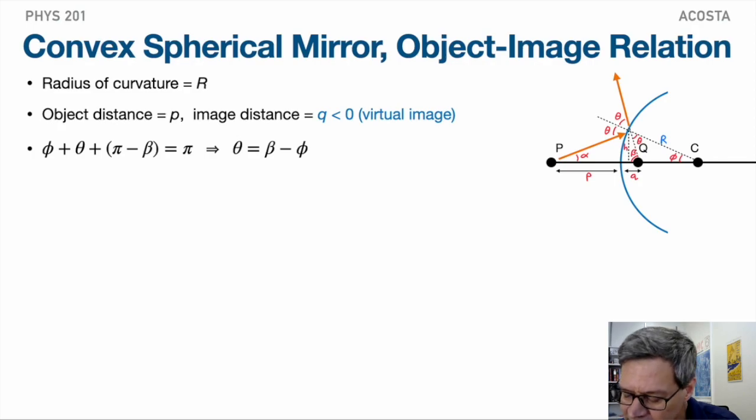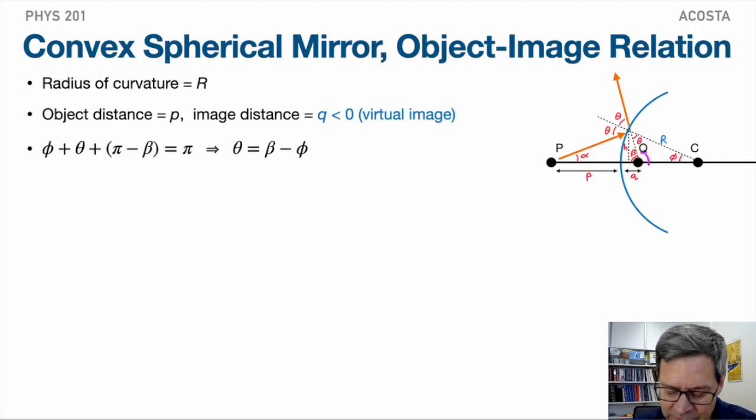So that's theta. And then I have this angle, I'll draw it again kind of over here in purple. That's going to be the supplement to angle beta. So pi radians defines a line, pi minus beta would give me this interior angle inside that triangle. So pi minus beta. And the sum of the interior angles of a triangle, again, have to add to pi radians, and so that's this relationship here.